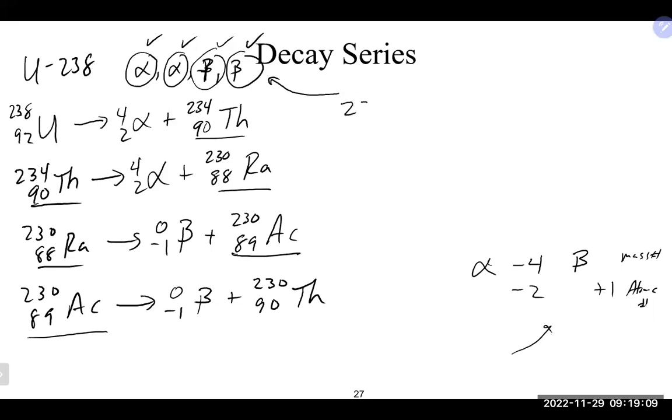We have 238 and 92, and we have 2 alpha particles. That means we're going to take 4 and 4 away. We're going to take 2 and 2 away. And we have 2 beta particles, which means we will add 1 back here and add 1 back here. That gives us on the top 230, and on the bottom 92 minus 2 is 90, minus 2 more is 88, plus 2 is back to 90.